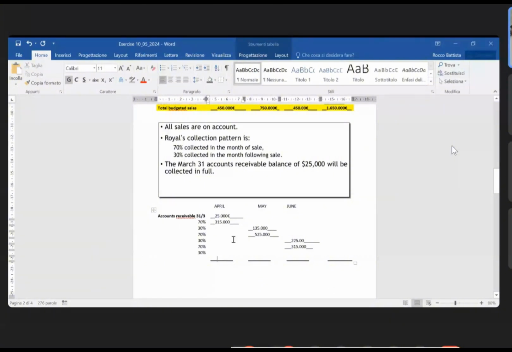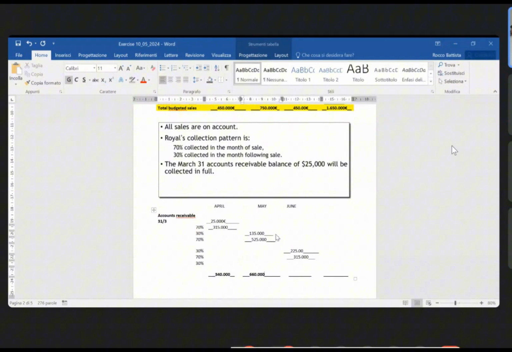For April, 25 is the accounts receivable balance that we start with, plus 315 is 340. Okay, for May is 135. Let's check if my sum is correct, please.